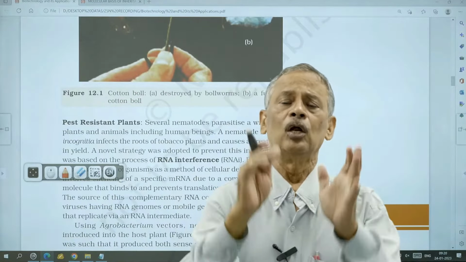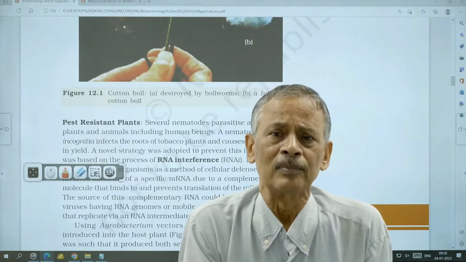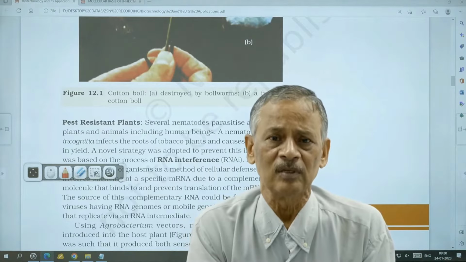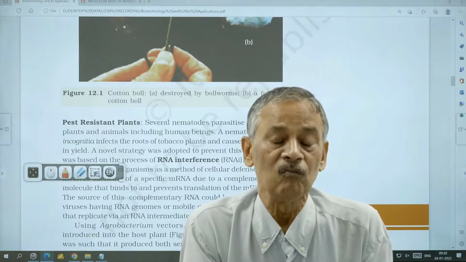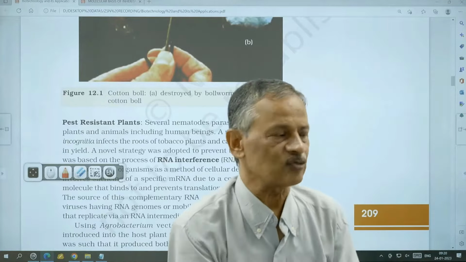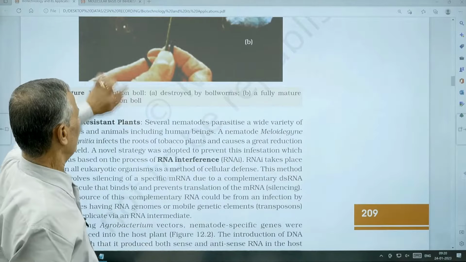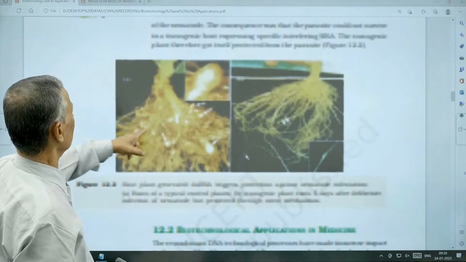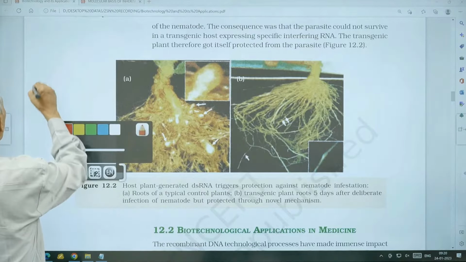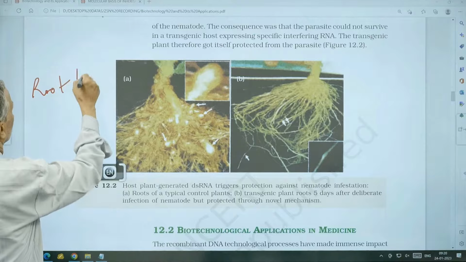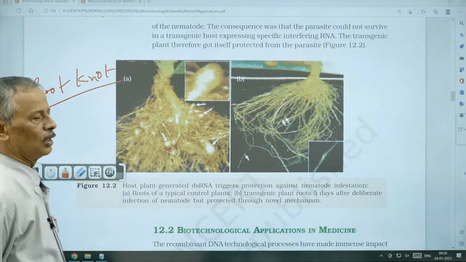See, tobacco plants were all attacked by some organisms which we didn't know for long years, which caused some characteristic swelling on the roots of these plants, and this disease is called root knot disease. Root knot disease of tobacco.